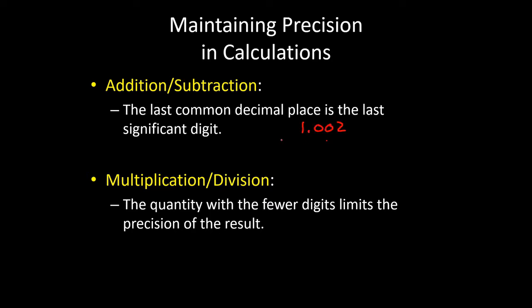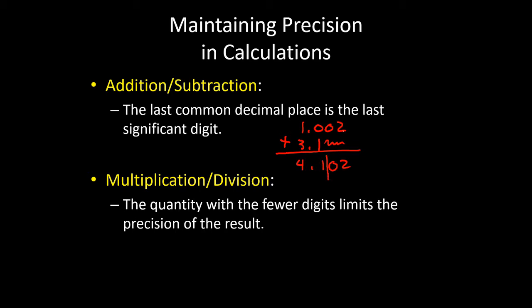So if we had some number, for example, 1.002, and then we added to that 3.1, mathematically speaking, that would be 4.102. That's what it would be from a purely mathematical standpoint. But according to sig figs, because we only knew this number to the tenths place, we have no idea what's going on back here, so we can only report our answer to the tenths place.